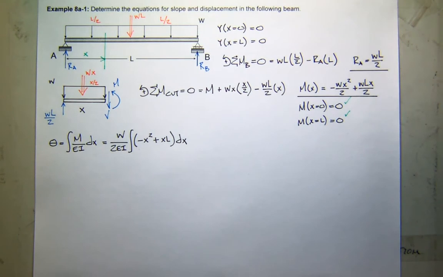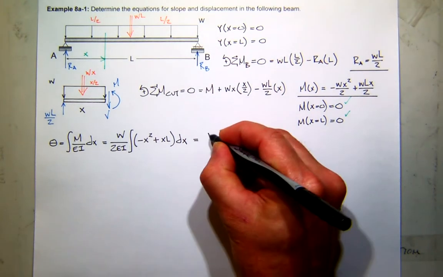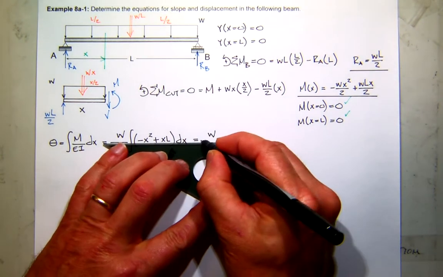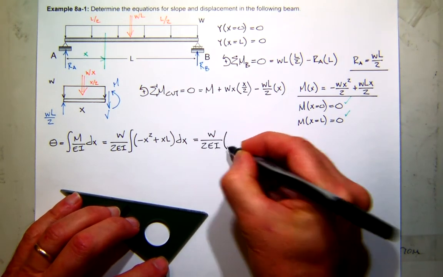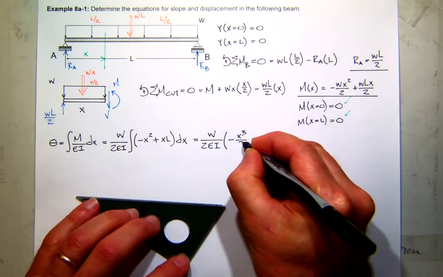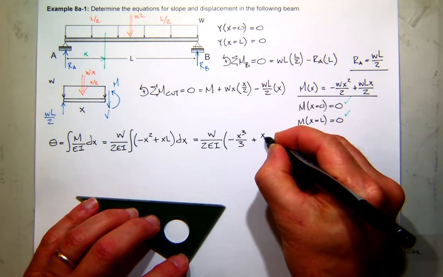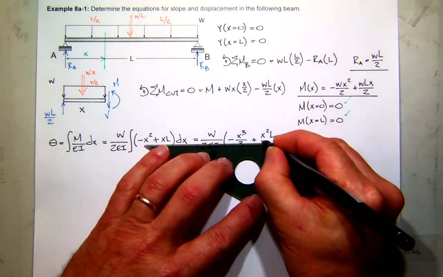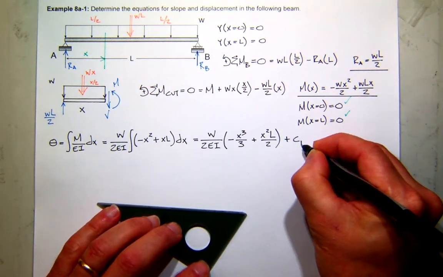Did I do that right? Looks okay to me. Again, this is a polynomial, so this shouldn't be hard to integrate. So again, I'll have my W over 2EI. And what do I get here? I'll get minus x cubed over 3, that's the integral of minus x squared, plus x squared L over 2, plus an integration constant.